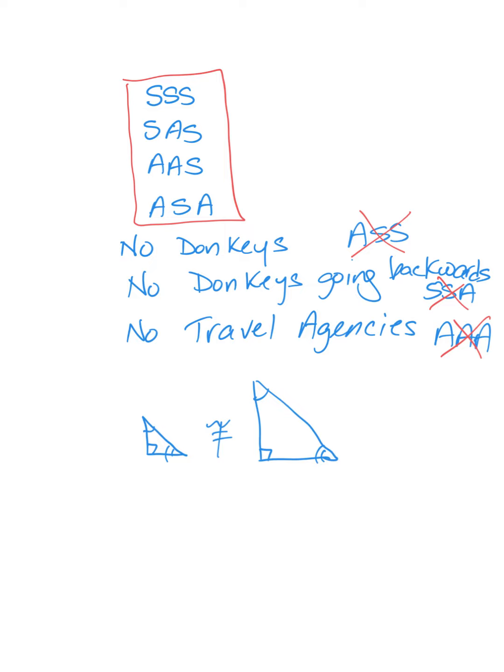What we can have are donkeys, and another word for donkeys is ass. You cannot have ASS. You cannot have donkeys going backwards, which is SSA. And you can't have travel agencies, which is AAA. Okay, so just remember those. Or no, you are gossiping severely about those triangles if you say they're congruent by one of those 3.